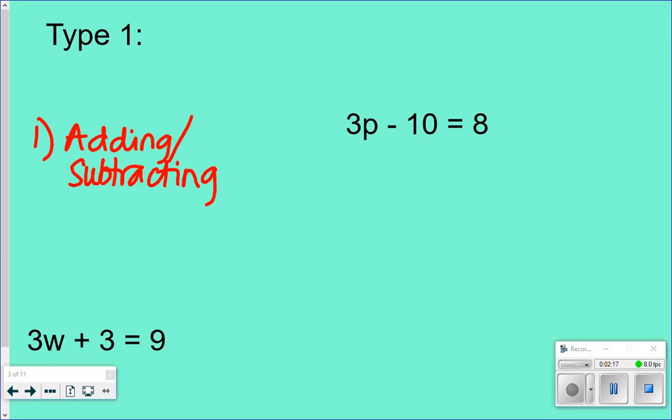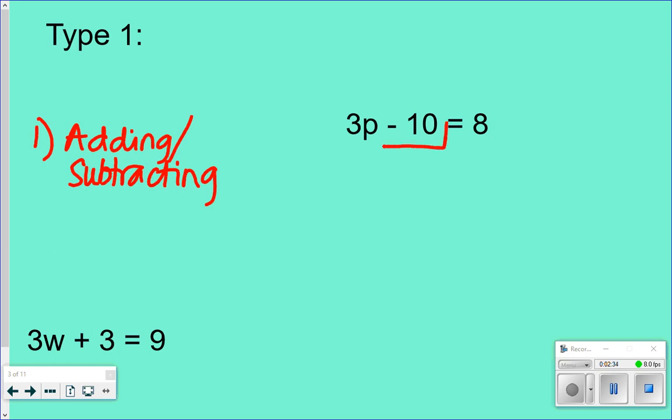So my step 1, I'm doing 3p minus 10 equals 8. I'm going to work with my adding and subtracting first. So if I look over there, what's being added or what's being subtracted? 10. We're just looking at 10, okay? I'm not worried about this yet, okay?